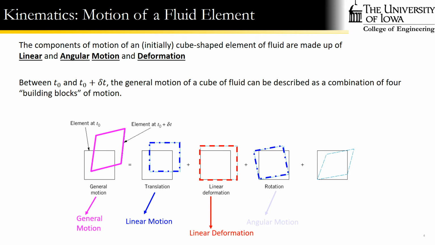Then this is sort of rigid body rotation, simply spinning. We call this angular motion. And then there is angular deformation. So we have these 2 species of motion, and each one has a motion and deformation associated with it. So we're going to briefly step through each of these and relate it back to a velocity field and see how we would calculate each one of these components.